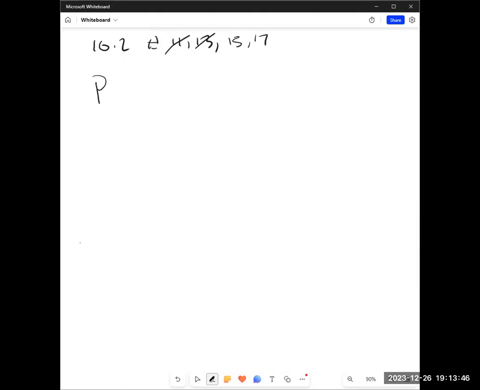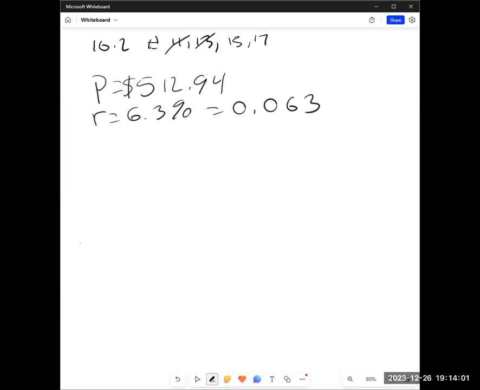So P is going to be 512.94. R is 6.3%, that's 0.063. And T is 83 days. And we're going to have to divide that by 360 days in a year.